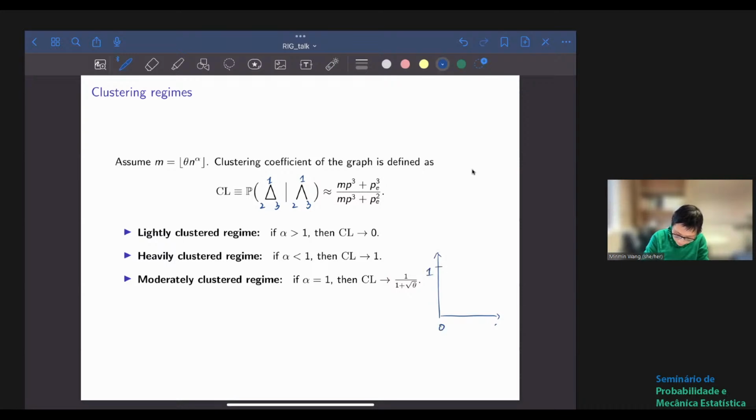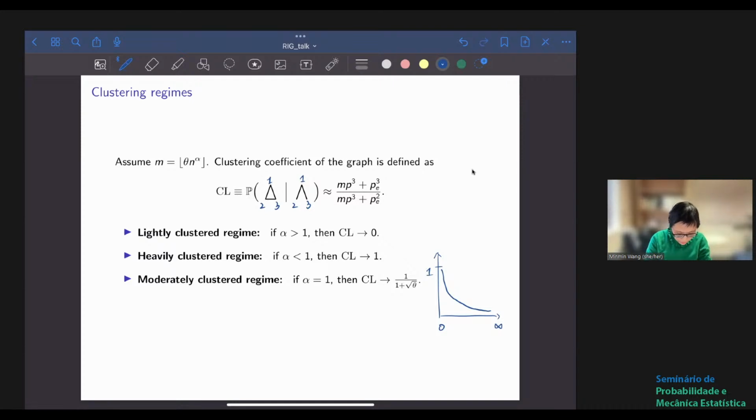If theta goes to 0, it tends to 1, and if theta goes to infinity, it tends to 0. So this is a case which interpolates between the lightly clustered and the heavily clustered regime.